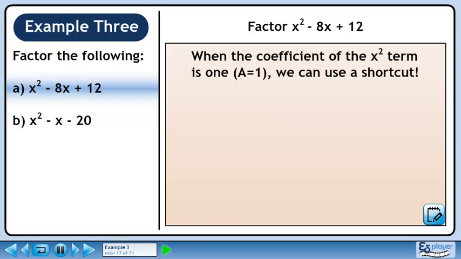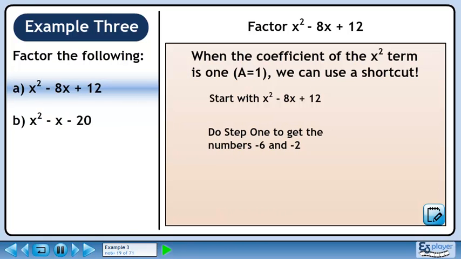When the coefficient of the x squared term is 1, we can use a shortcut. Start with x squared minus 8x plus 12. Do step 1 to get the numbers minus 6 and minus 2. Set up the factors.